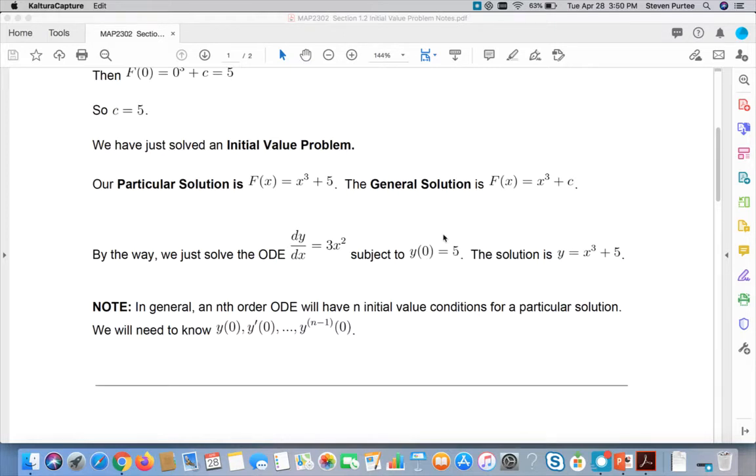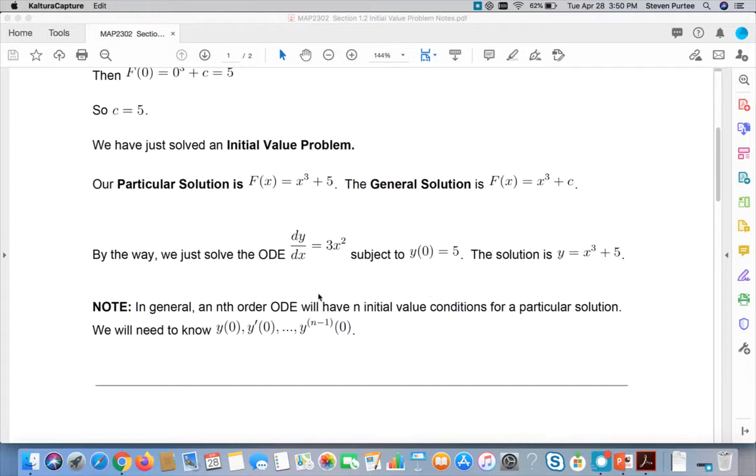I know this notation looks different because we're not used to this, but y is a function of x here, so this says y of 0 is 5. And the solution to this initial value problem is y equals x cubed plus 5. In general, if you have an nth order ODE, you'll need n initial value conditions to get a particular solution.